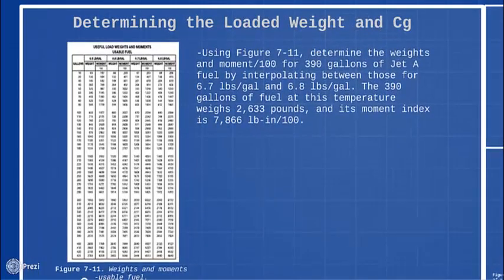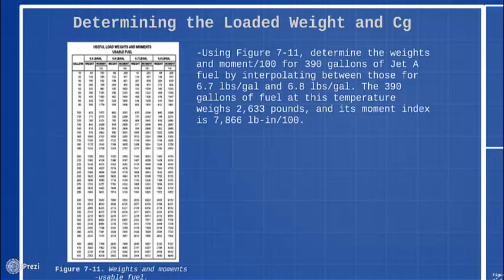Using Figure 7-11, determine the weights and moment divided by 100 for 390 gallons of Jet A fuel by interpolating between those for 6.7 pounds per gallon and 6.8 pounds per gallon.